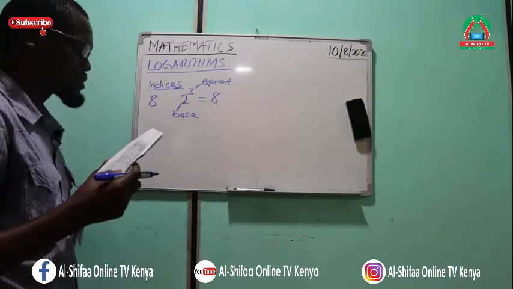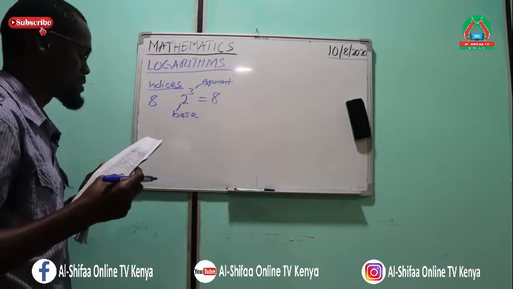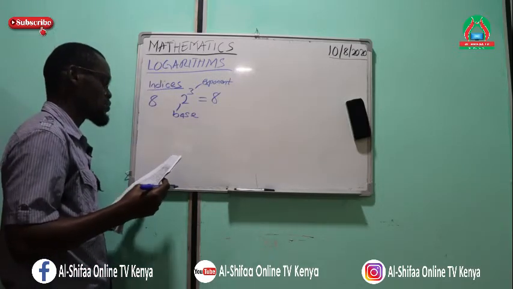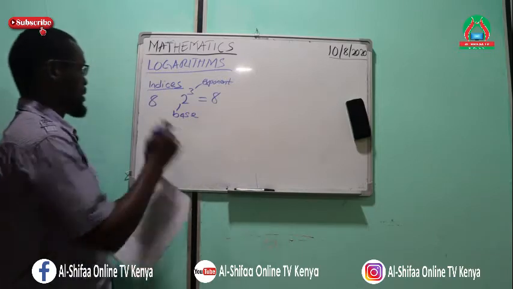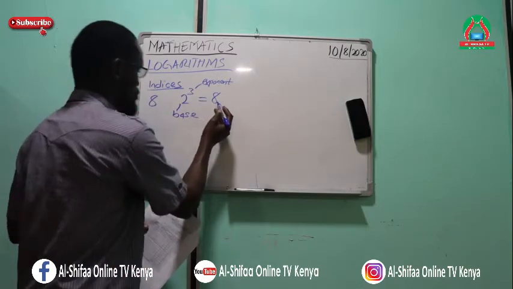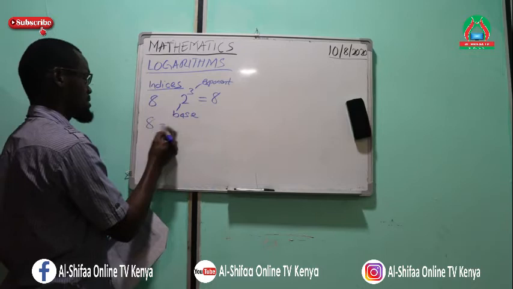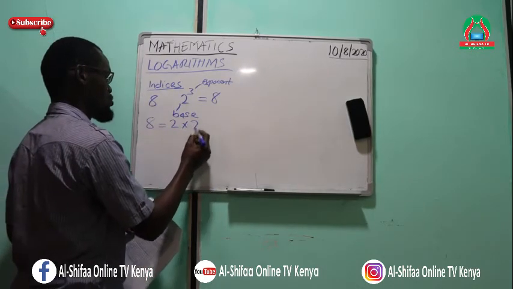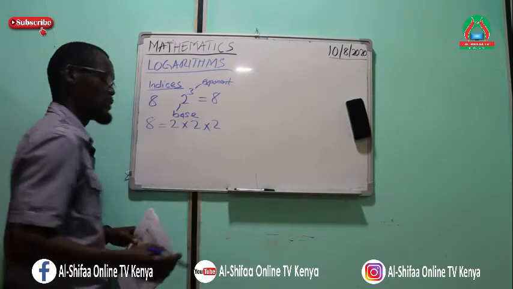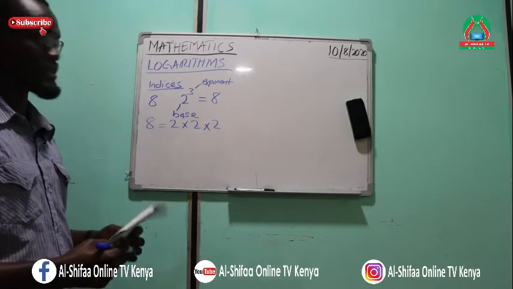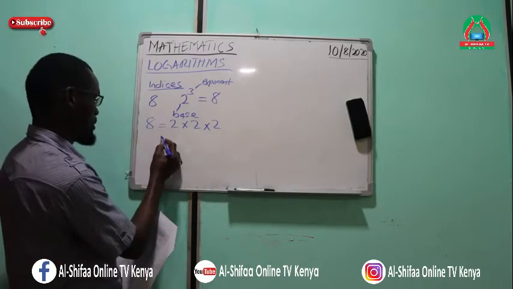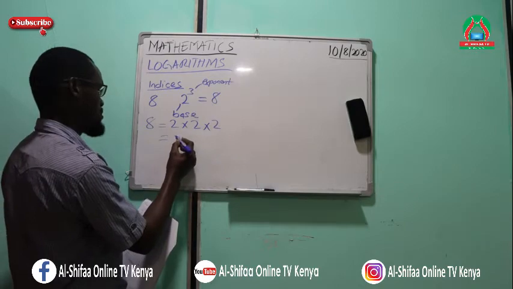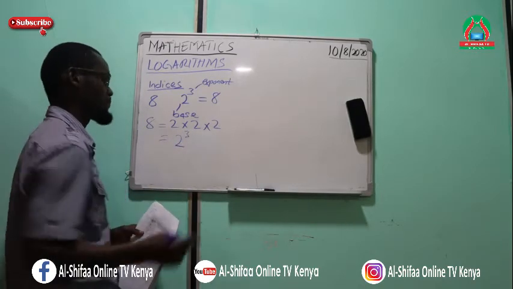In indices also, for example, if you are asked to show how it comes to be, 8 can be expressed as 2 multiplied by 2 multiplied by 2. So when you are told to express 8 in the form of indices, you only express it as 2 power 3.